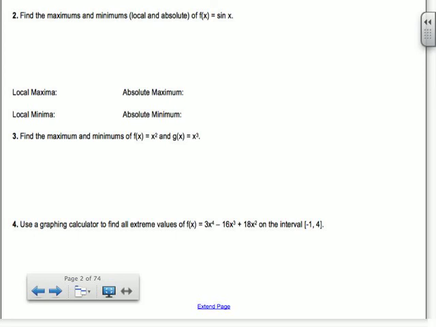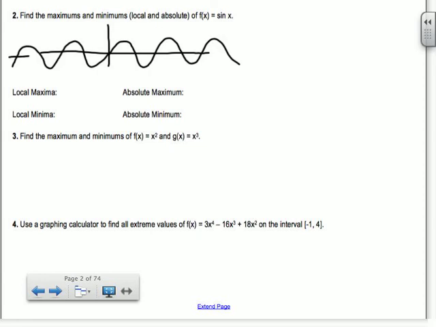Okay, this is a hard one. So think about what the sine function looks like. Two pi is where it completes the period, so where it starts over again.